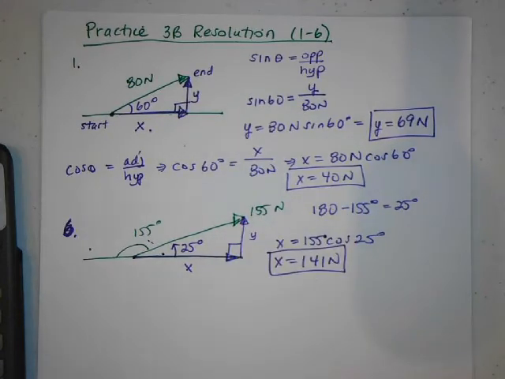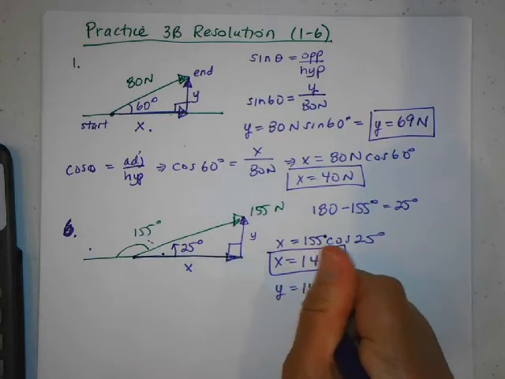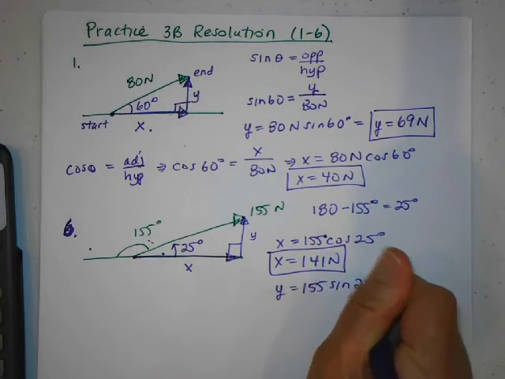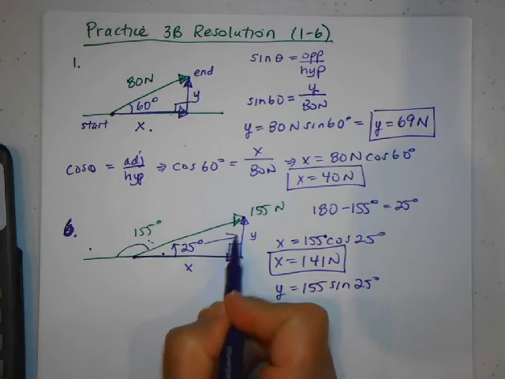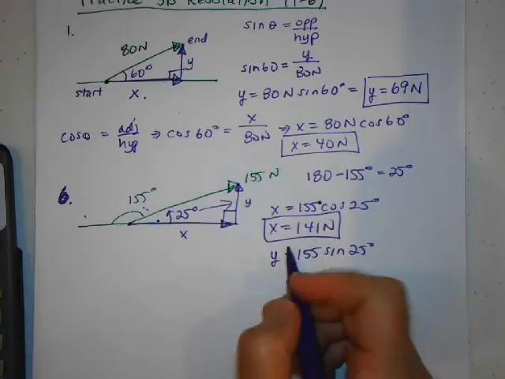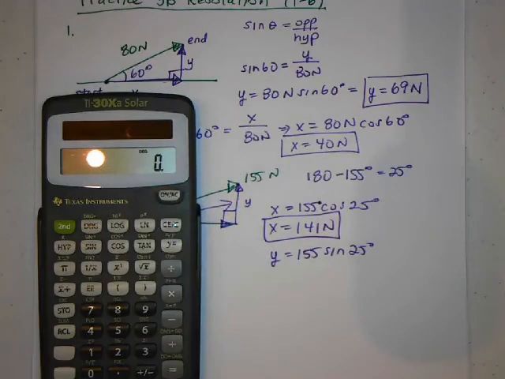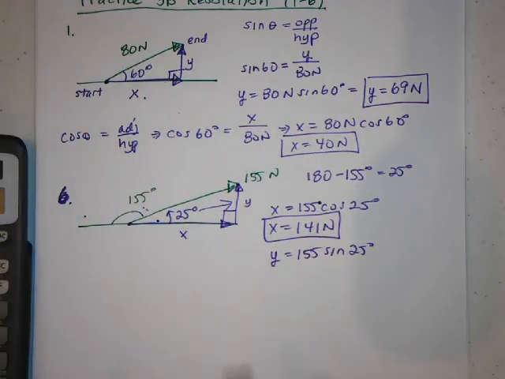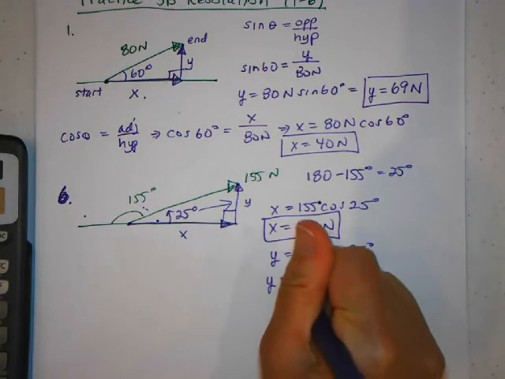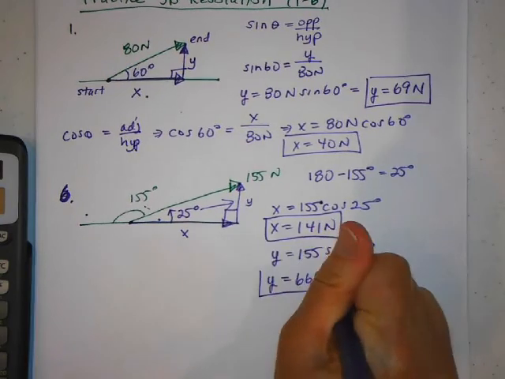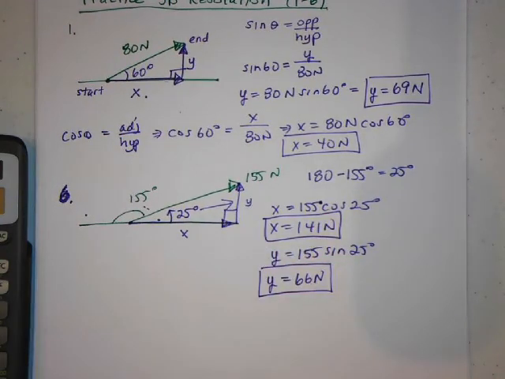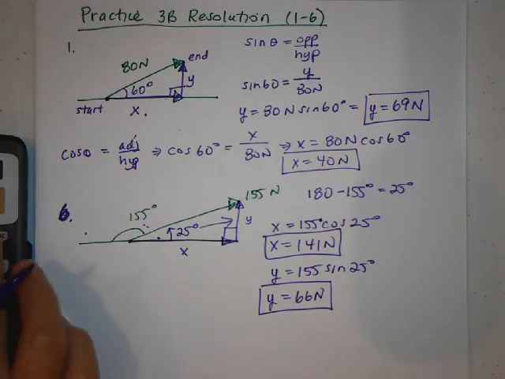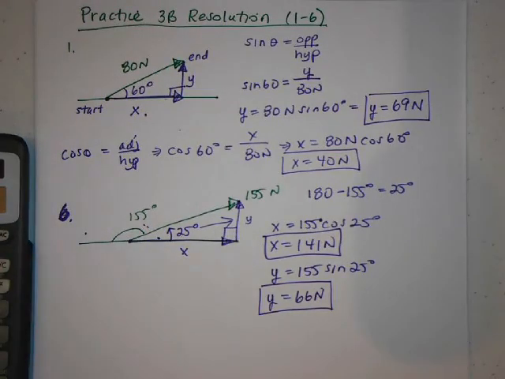And then my y component, y is equal to 155 sine of 25 because the y is opposite the given angle. So on my calculator, 25 sine times 155, this comes out to be y is 66 newtons. So again, this is just us practicing to find the horizontal and vertical components of a vector. And that's it.